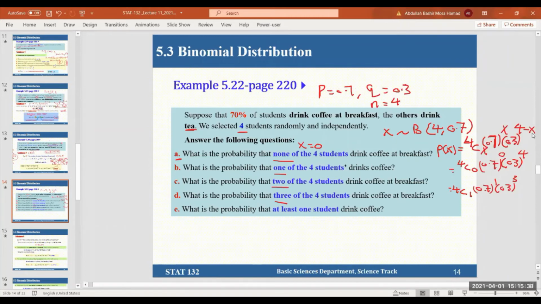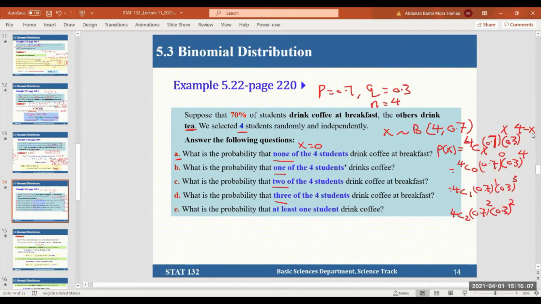Let's see C, two of the four: 4C2, 0.7 power 2, 0.3 power 2. Okay, now we finish A, B, C.